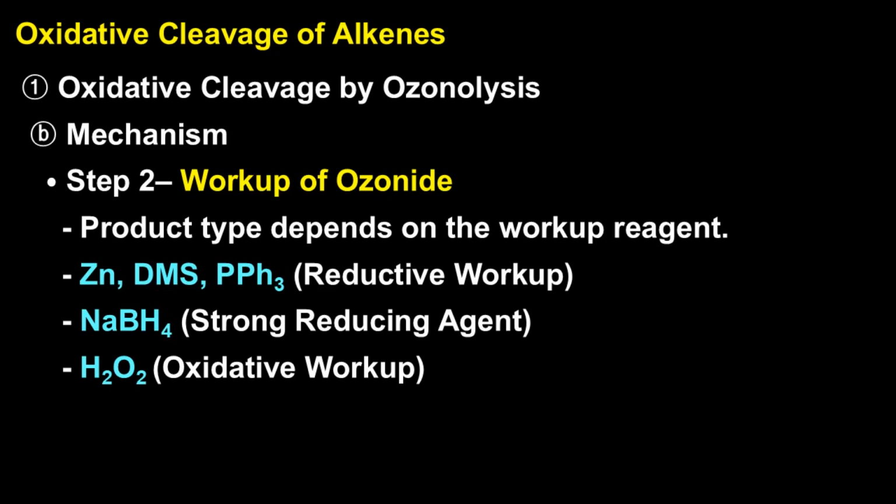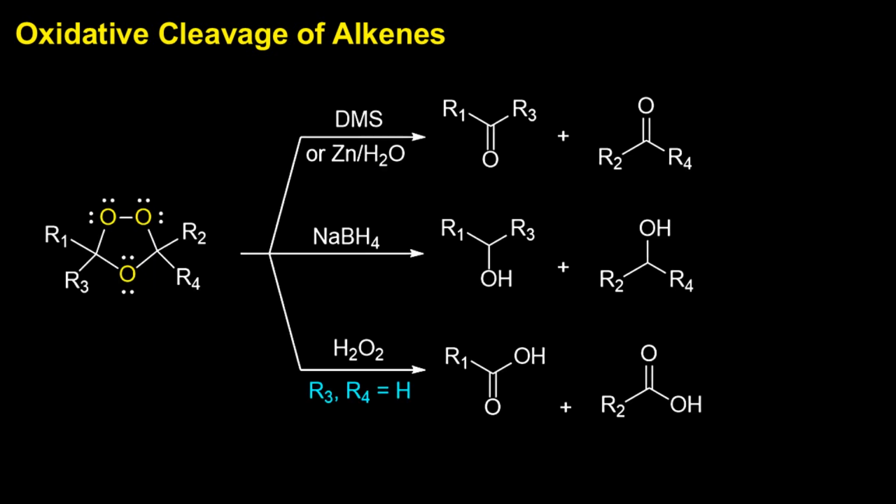But if we use something stronger, like sodium borohydride, it takes the carbonyls one step further, and we end up with alcohols instead. On the other hand, if we go the opposite direction and use an oxidizing agent, like hydrogen peroxide, any aldehydes that form will get pushed further into carboxylic acids. So here's the key takeaway. Ozonolysis breaks the double bond, but your final product depends on how you work up that ozonide.